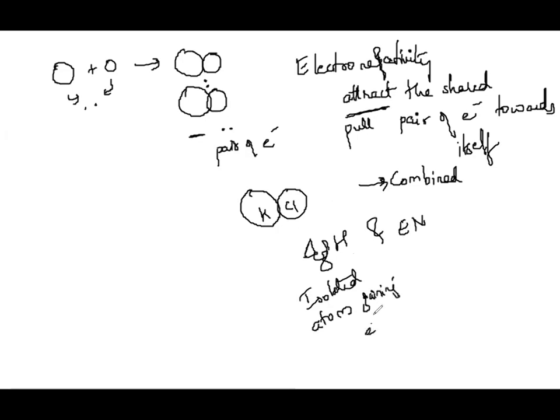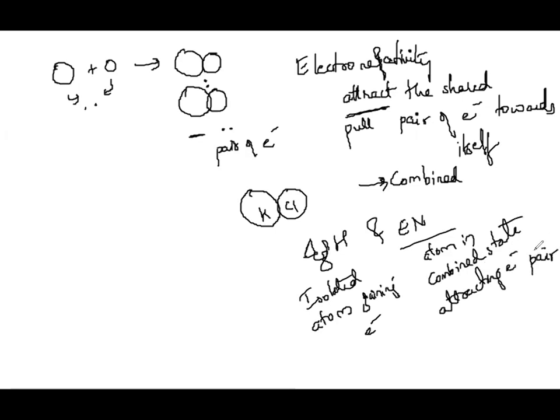And electronegativity refers to an atom in combined state attracting an electron pair. Here it is gaining a single electron each time, and here it is attracting the electron pair.